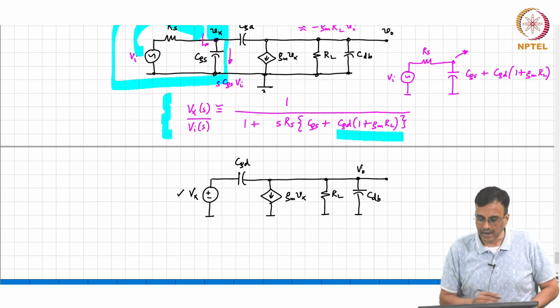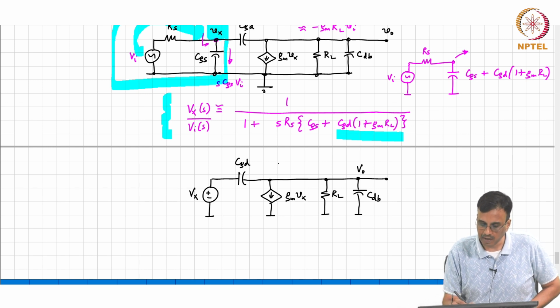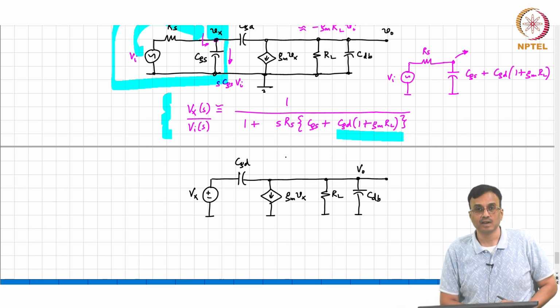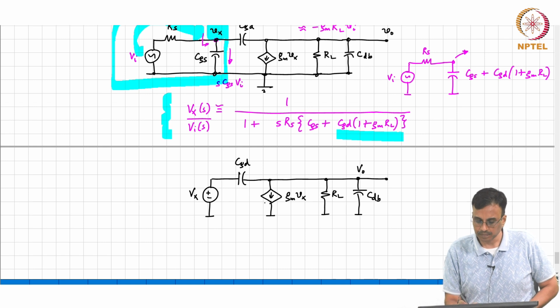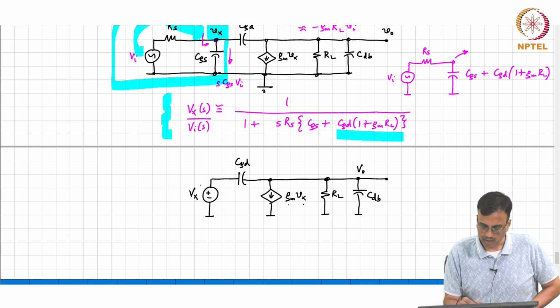So, again, the first order approximation is you have GM Vx pulling current out like this. And so what comment can we make about the time constant across RL now? Which is larger, this Vx or minus GM RL Vx?